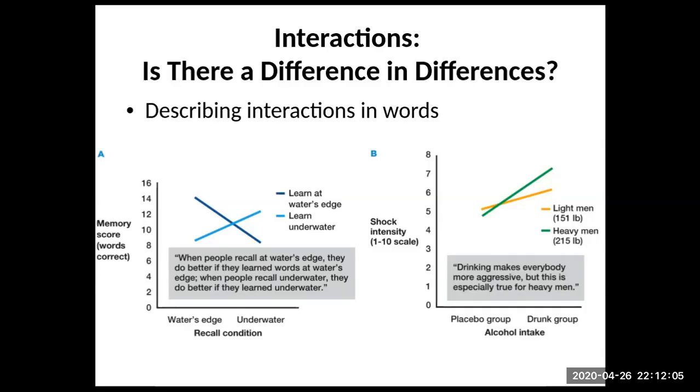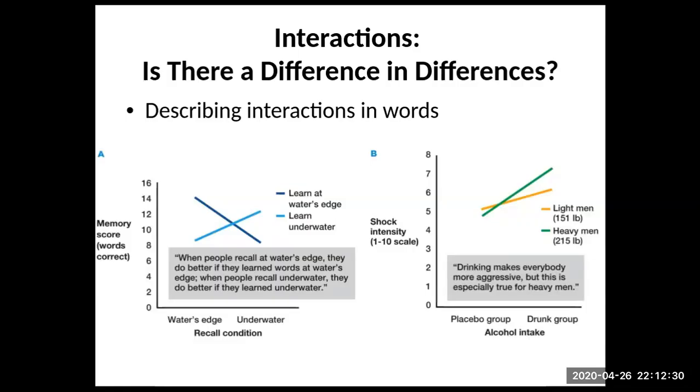Again, we can go back to that memory example from a few slides ago. And we can say when people recall at the water's edge, they do better if they learned the words at the water's edge. Whereas when people recall underwater, they perform better if they learned it underwater. And again, sometimes this just takes practice for you to do.